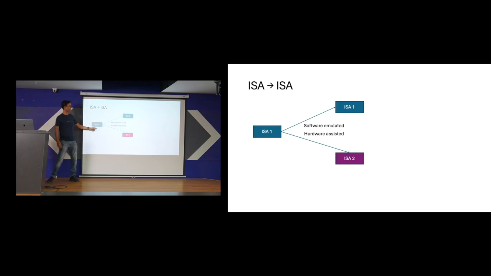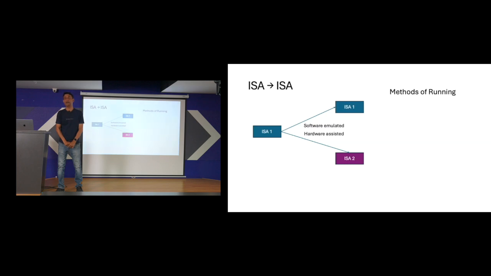I just wanted to highlight that often enough you'll also have translation going on between the same ISA. Why would they both be on the same ISA? Let's say I am running a Windows subsystem on Linux. So it will be converting some code into a different ISA? No, the ISA is the same.